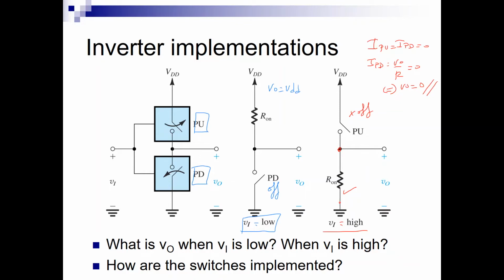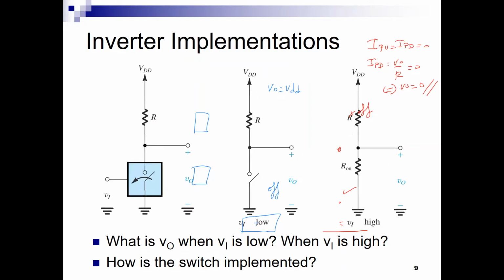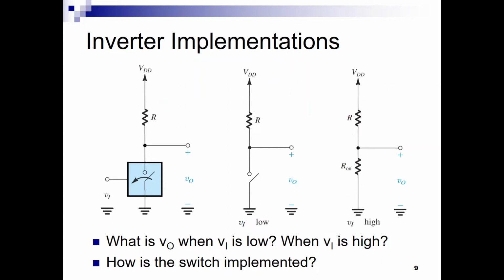There is no other contention path trying to pull it up to VDD. Whereas in the previous slide, when it was a pull down, I had a contention path and VO had to be different from 0. VOL became different from 0.